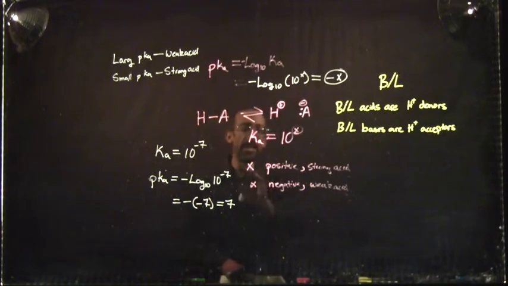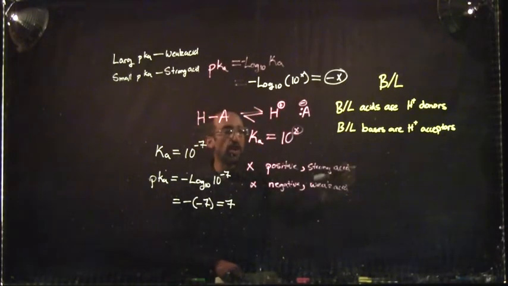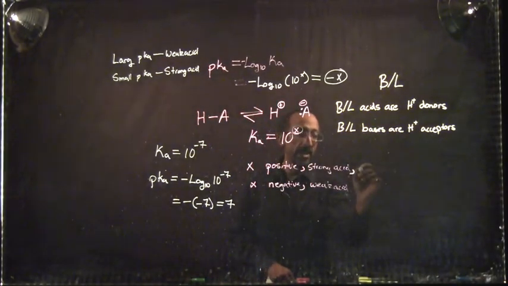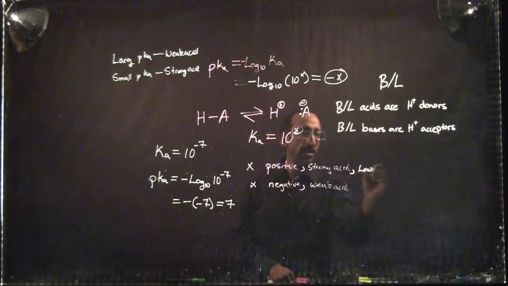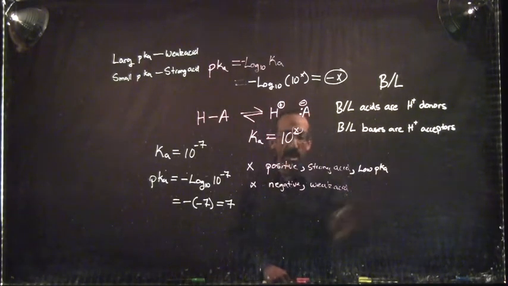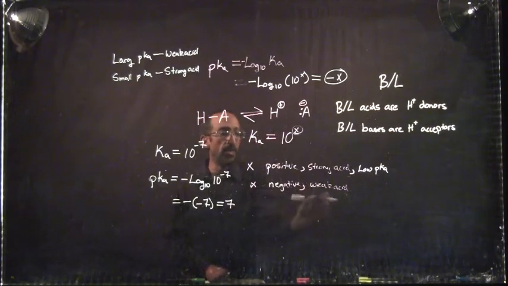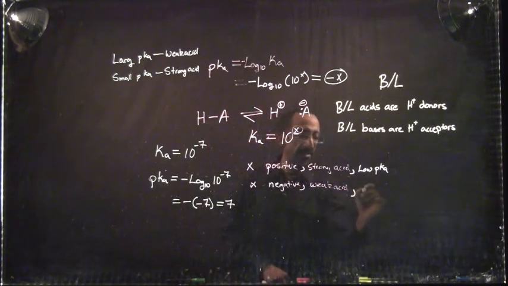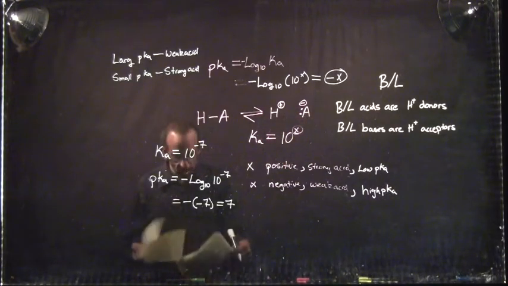So we can say that if x is positive, we have a strong acid, and we have a low pKa. And if x here is negative, we have a weak acid, and that's going to give us a high pKa.